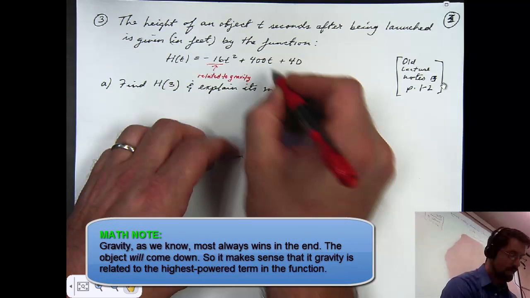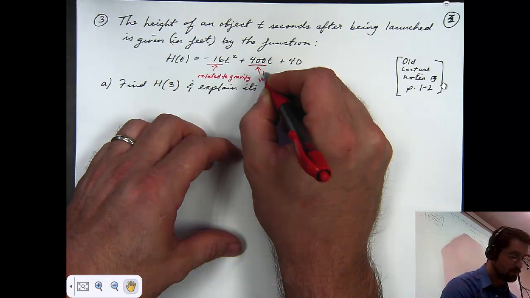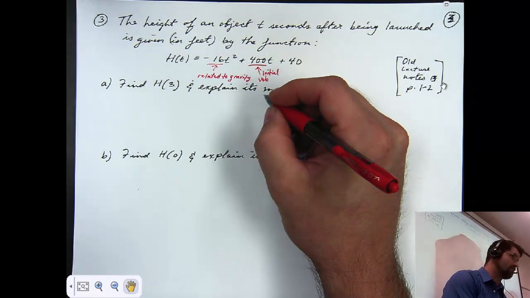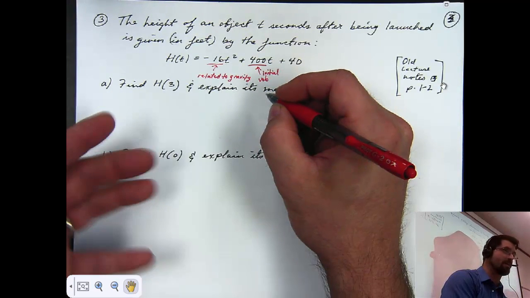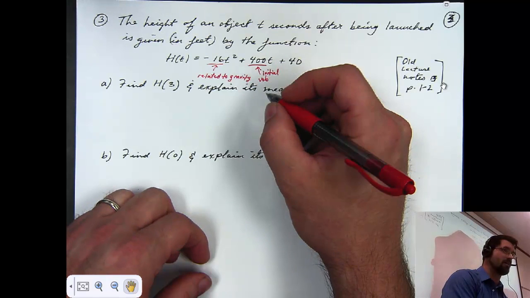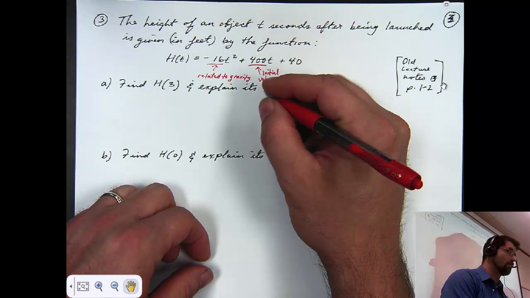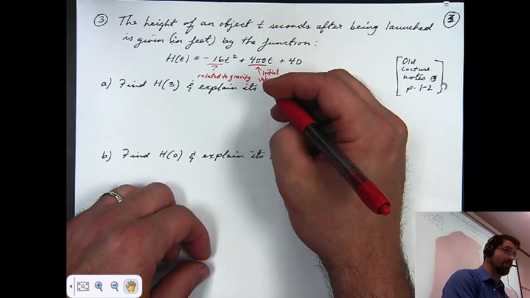The 400 actually comes from the velocity, the initial velocity. This is whatever impulse you give the object at the beginning. So 400 feet per second, I don't know, that's like the muzzle velocity of a small caliber pistol or a very tweaked up paintball gun.